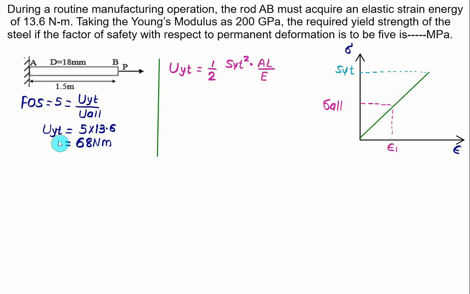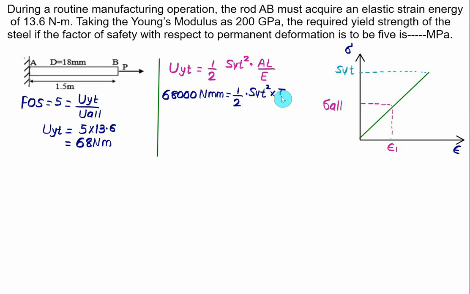Strain energy corresponding to ultimate strength is equal to 68 Newton meter, that is 68,000 Newton mm, equal to 1 by 2 SYT square of it. Area is pi by 4 d square.